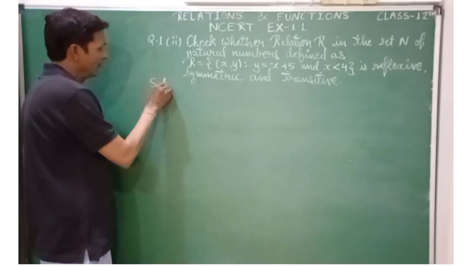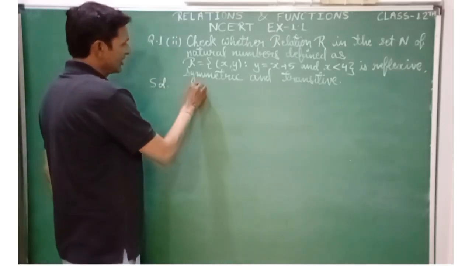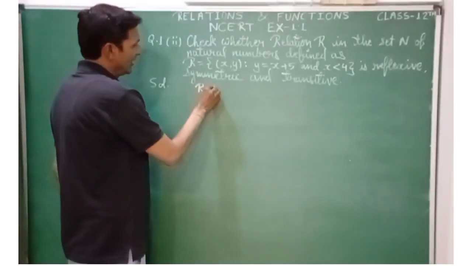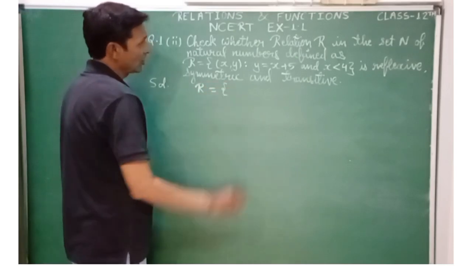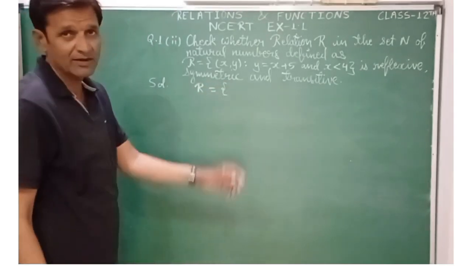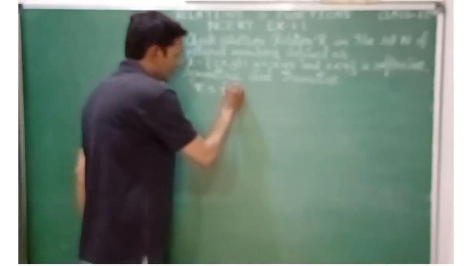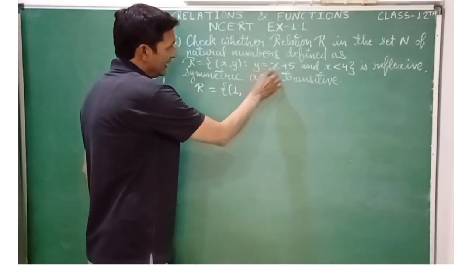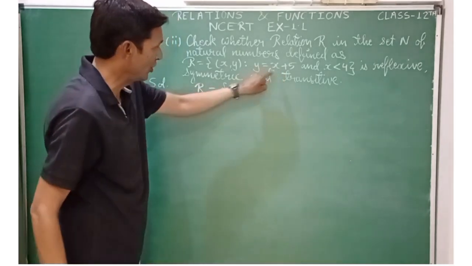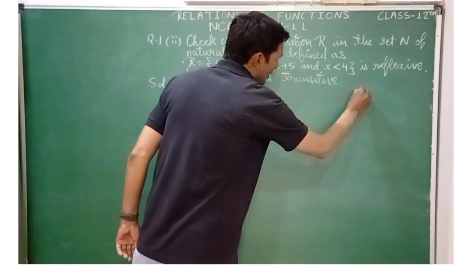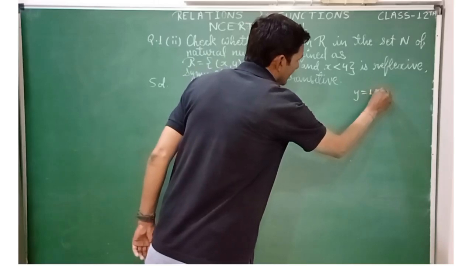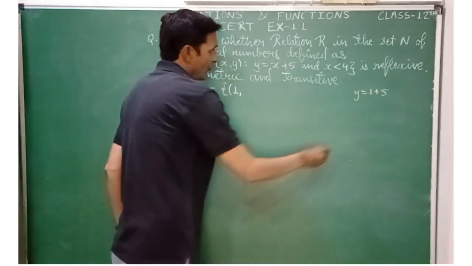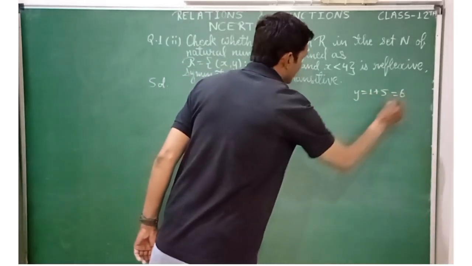So here the solution starts. First of all we will have to write the relation R. Because natural numbers start with 1, we are starting with 1. If I put 1 in place of x, then y = 1 + 5, so y = 6.